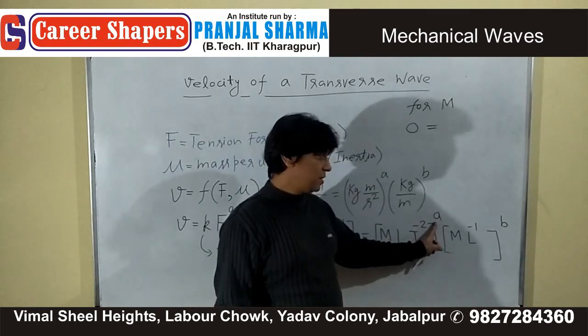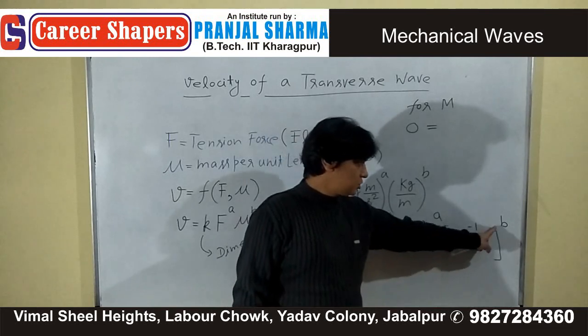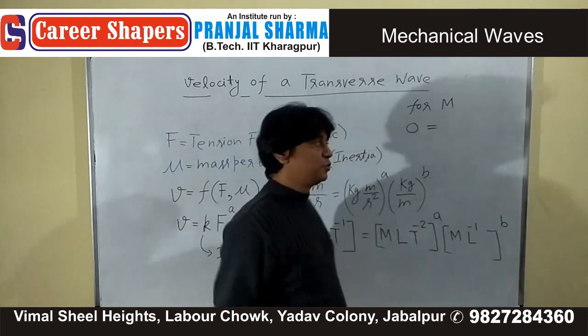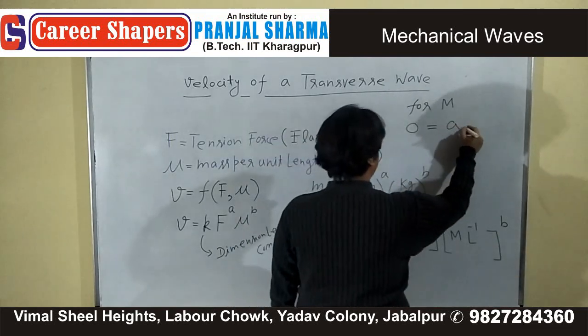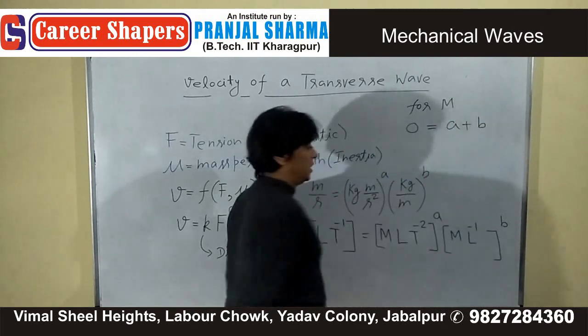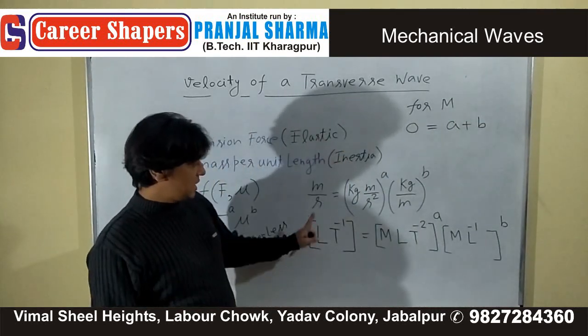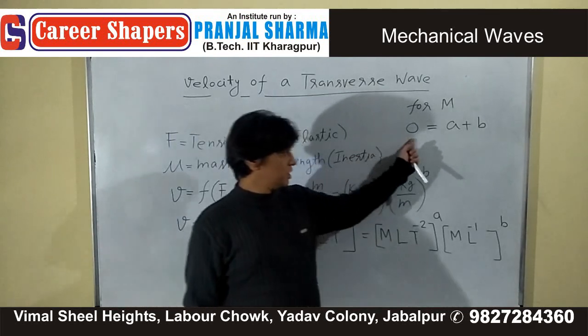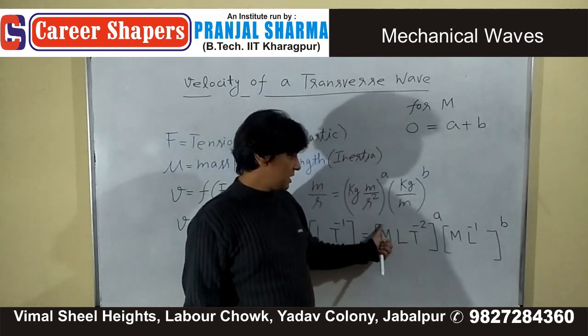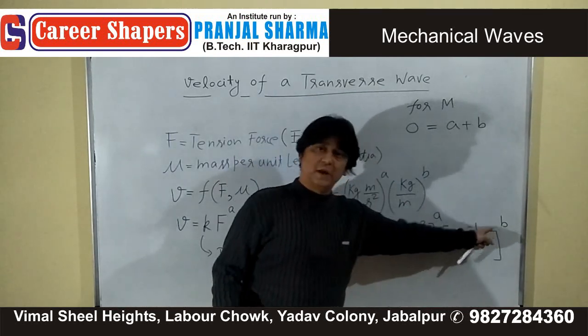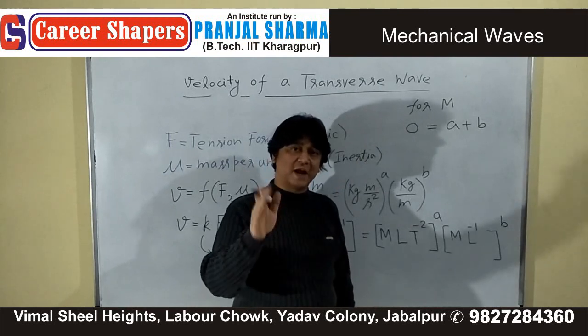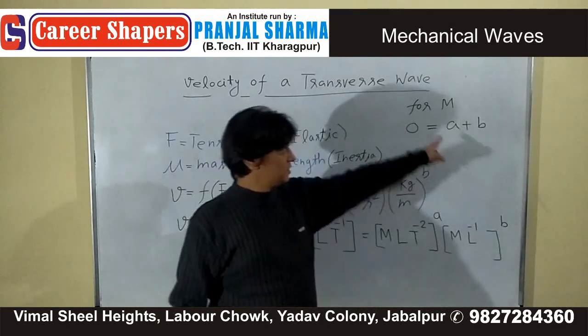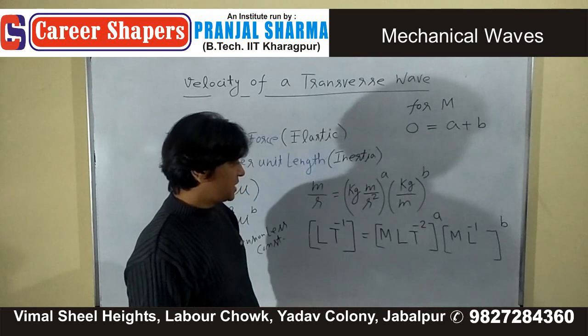M to the power A, M to the power B. That gives you M to the power A plus B. I hope you're getting this point. You're multiplying these things, that becomes M to the power A plus B. You're comparing both these things.